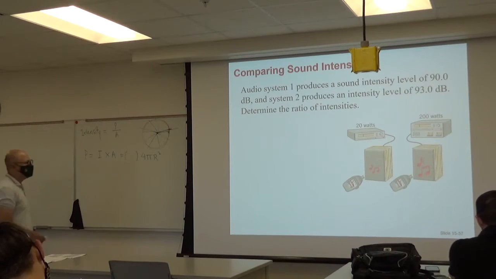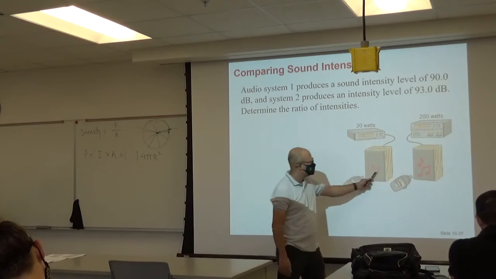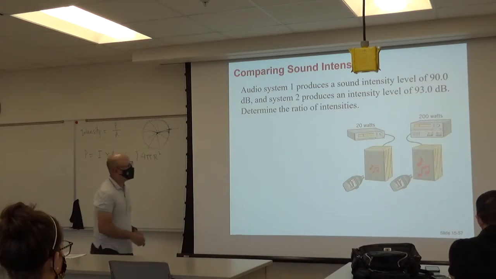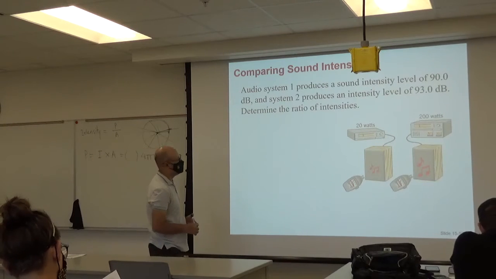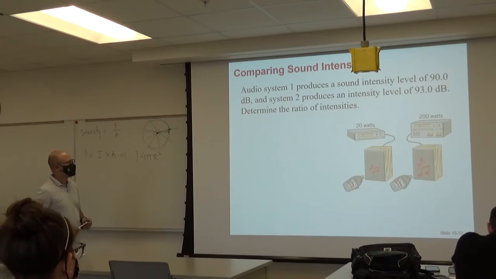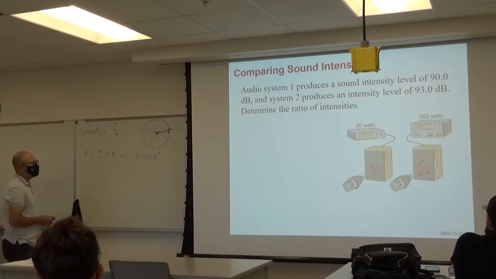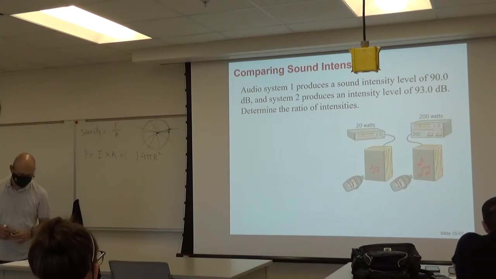You have two speakers. One has the intensity level of 90, another one has intensity level of 93. Okay? So we want to find the intensity levels, determine the ratio of intensities.